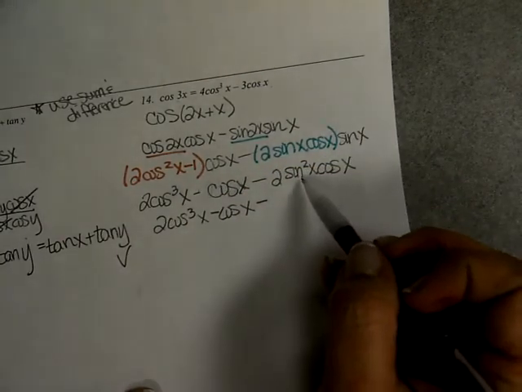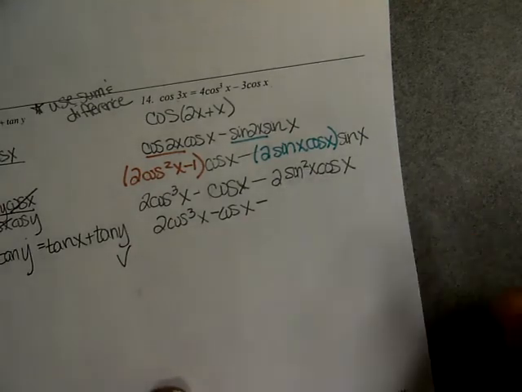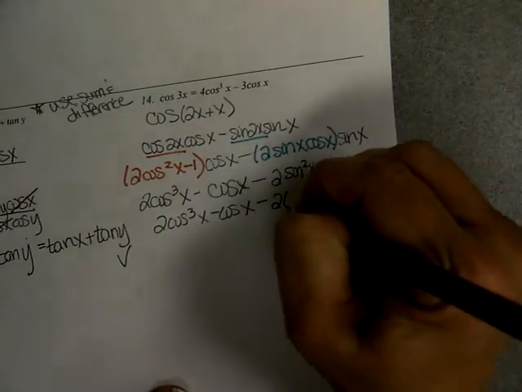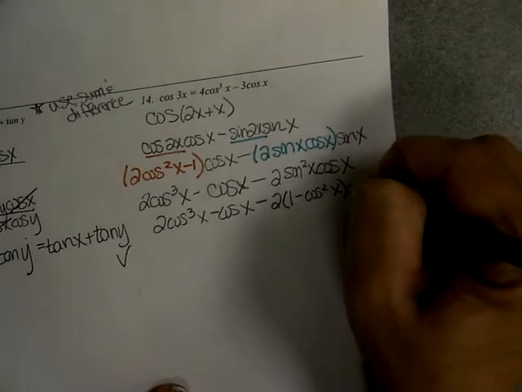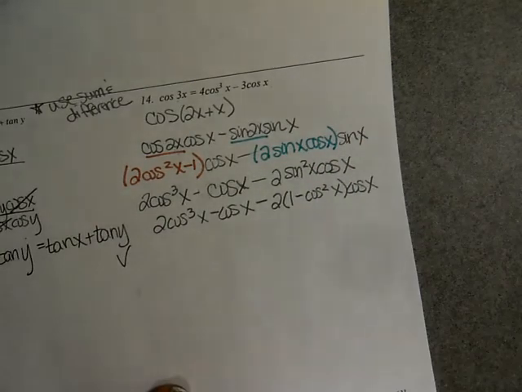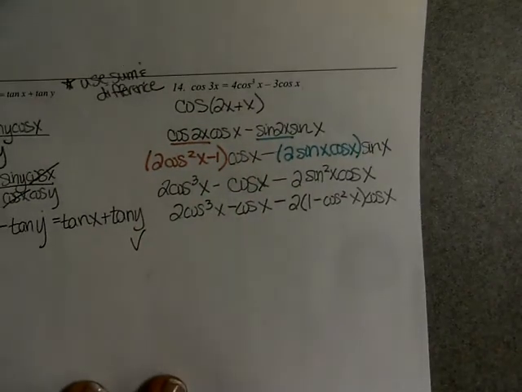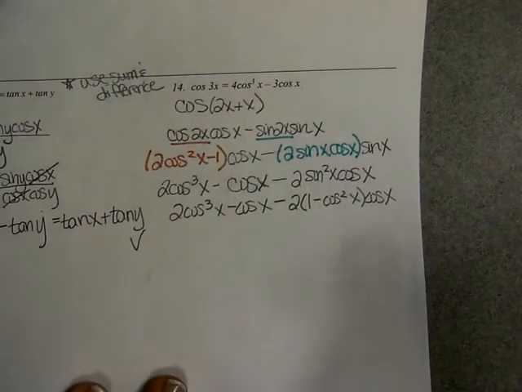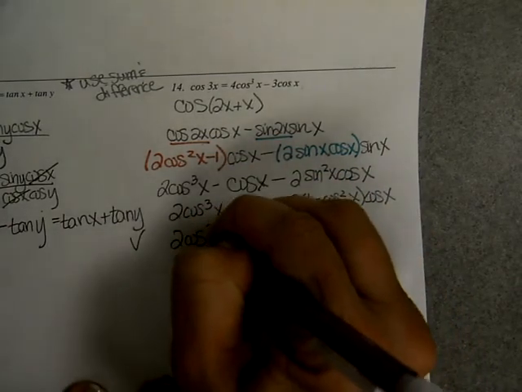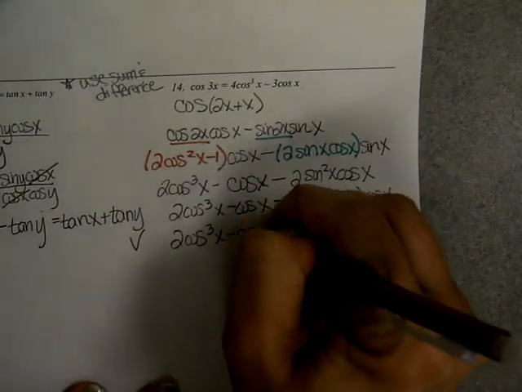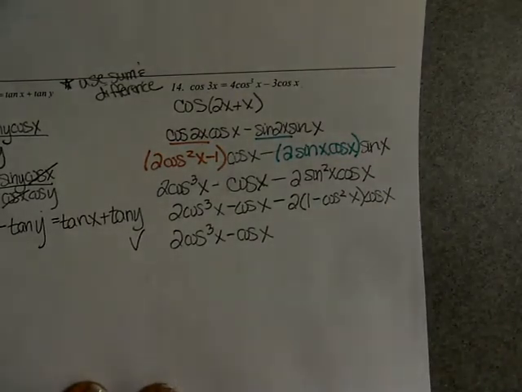We don't necessarily want to reduce the power, we just want to get rid of the sine squared x. So I can change that into 1 minus cosine squared x. I'm sorry, it was crooked. And let's maybe distribute over there as well. So these terms are pretty much the same. I've got 2 cosine cubed x minus cosine x.